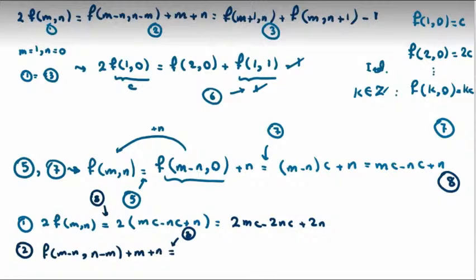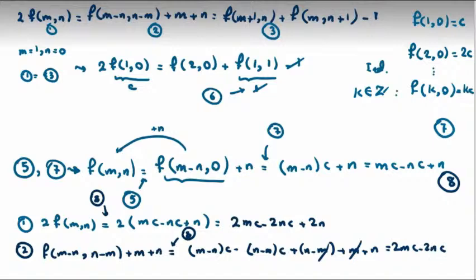So it will be (m−n)c minus (n−m)c plus n minus m, second one, plus m plus n. So m and negative m will be cancelled. Negative nc plus mc plus mc. Okay, so it will be 2mc minus 2nc plus 2n. So we will see these two things are equal.